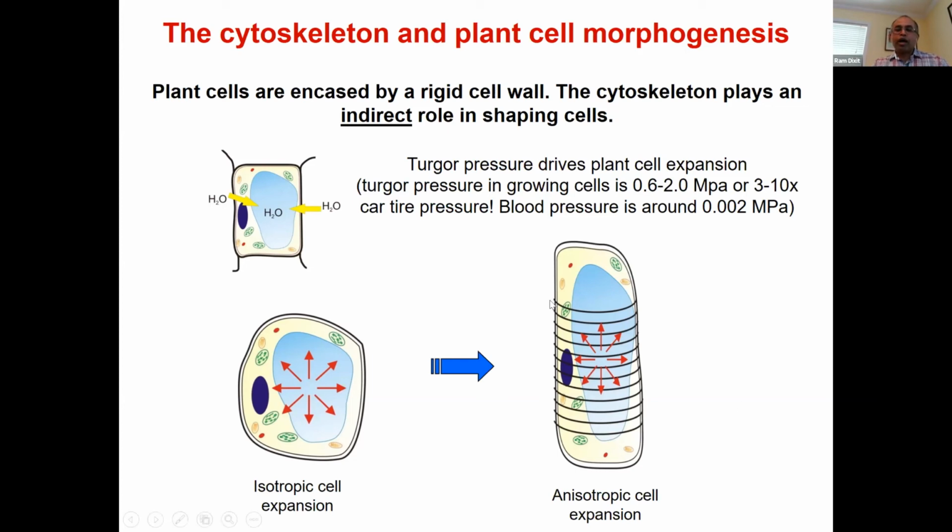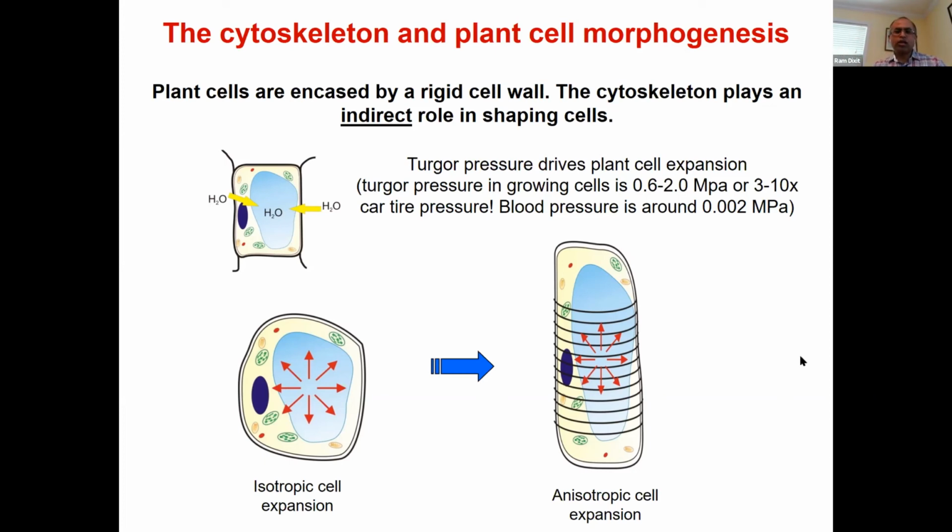If you have cell wall materials like cellulose, which is a very strong material, pound for pound, its tensile strength is almost comparable to that of steel. If the cellulose fibers are wrapped around the cell in this orientation, then it resists growth in that axis, and now the cells grow in an orthogonal manner, right? So this is how you channel turgor pressure into directional growth in plant cells.